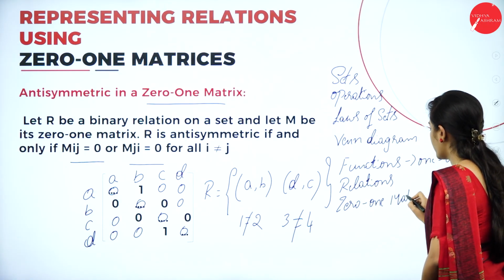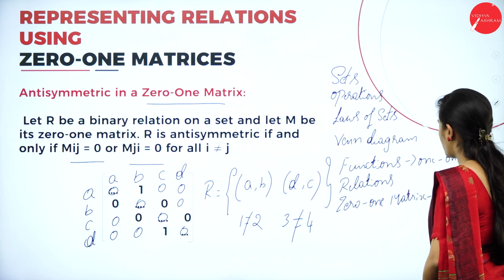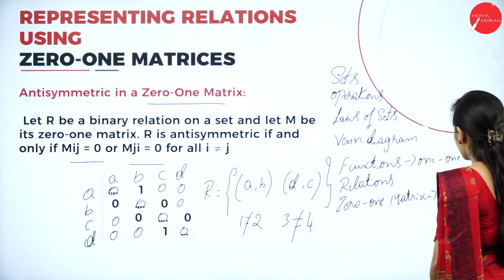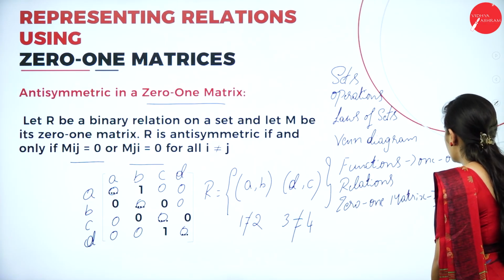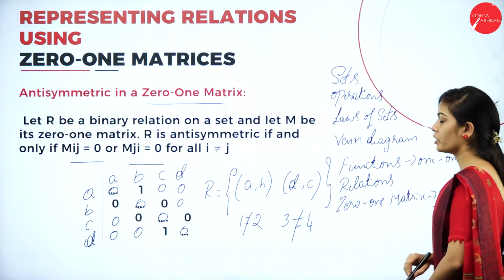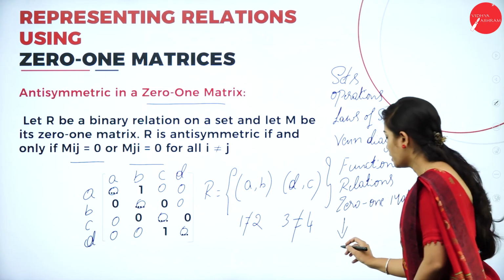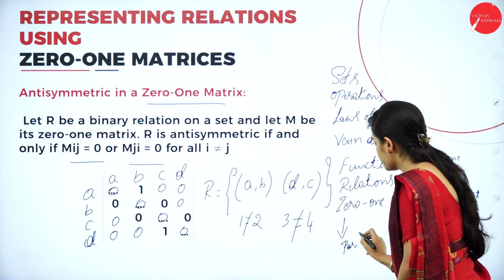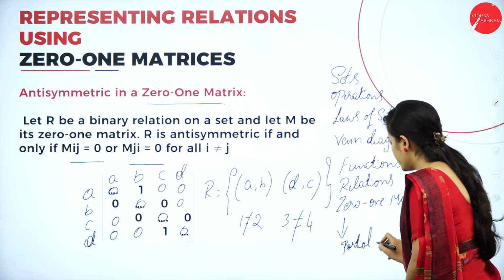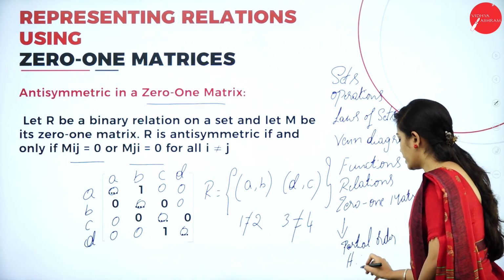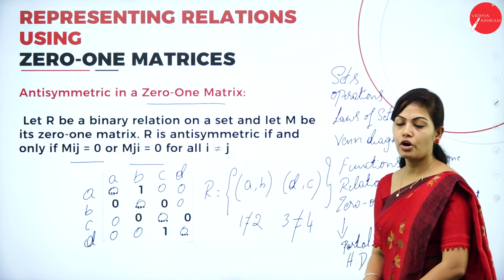In the 0-1 matrix I have discussed join and meet, and Boolean products. The last pending topic is partial orders and the Hasse diagram.